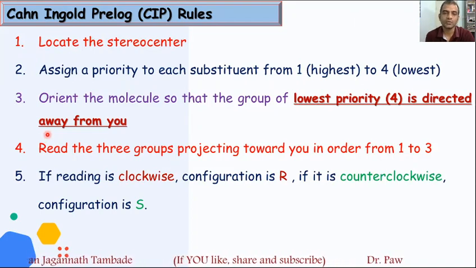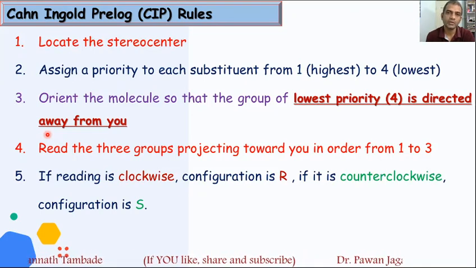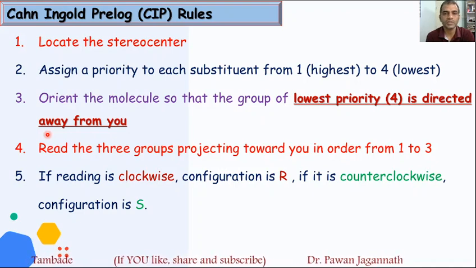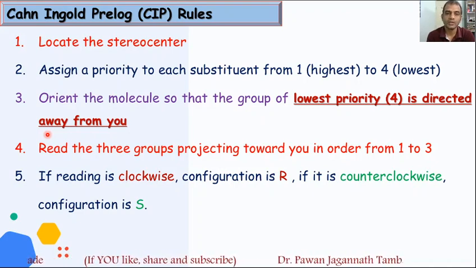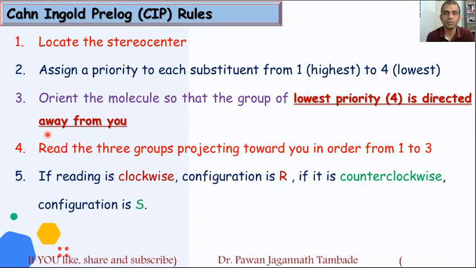So these are the set of rules which we saw. First, we need to find out the stereocenter present in the molecule. Then we need to assign priority to each substituent from highest priority to lowest priority. We just saw the 4 different priority rules. We need to use all those. Then the third important rule is to orient the molecule so that the group with lowest priority is away from the observer.